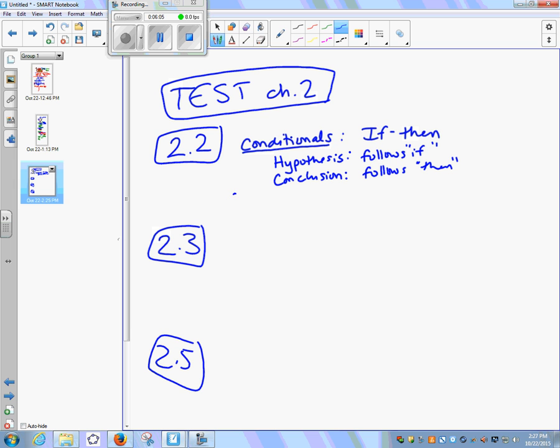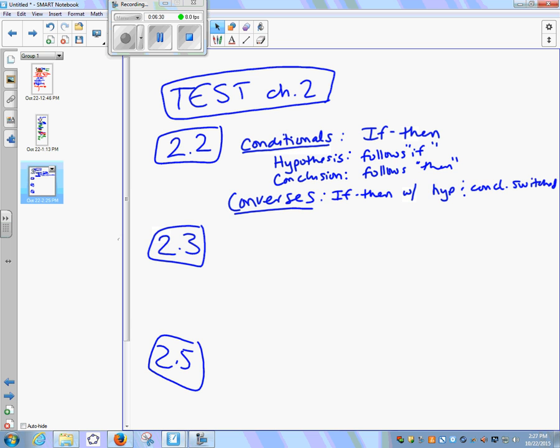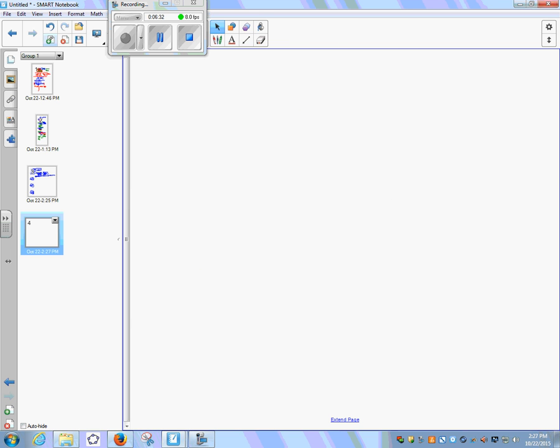In that section, we also talked about converses. And a converse is also an if-then statement with the hypothesis and conclusion switched. So, I am going to go to a new page and do an example of that.